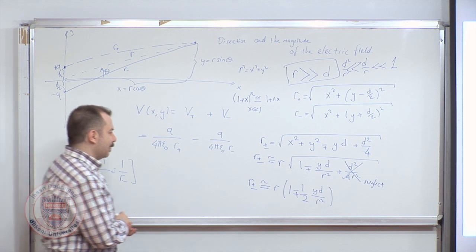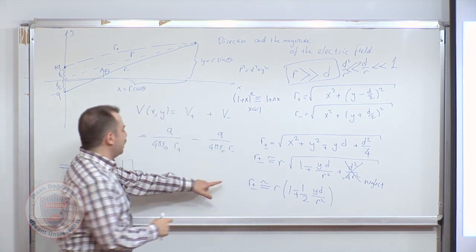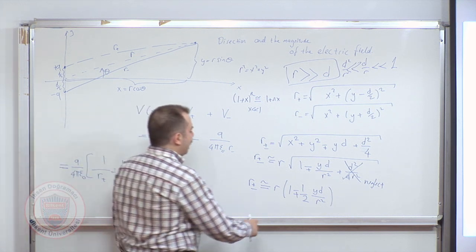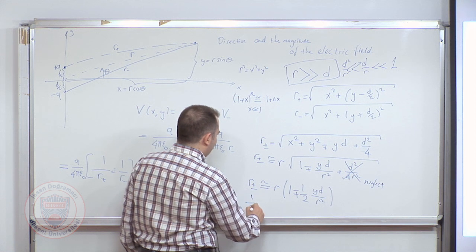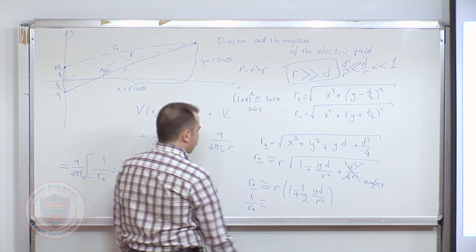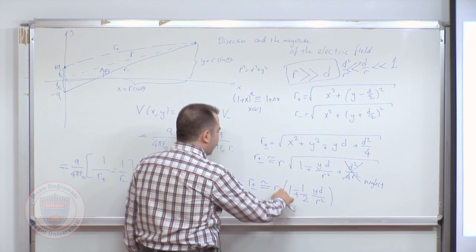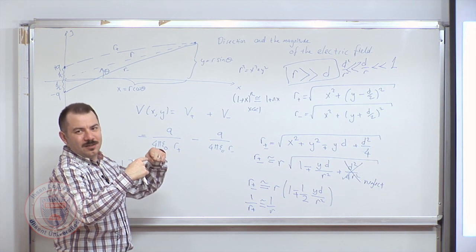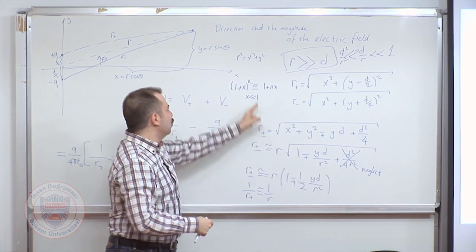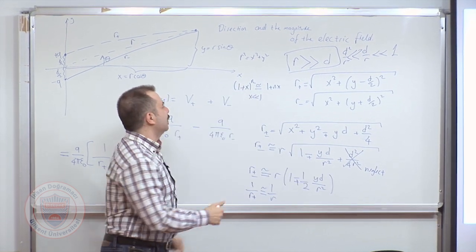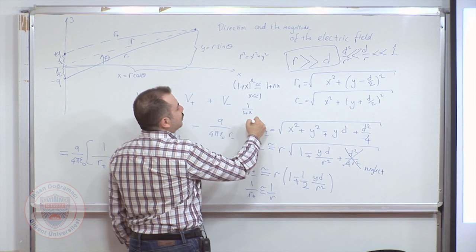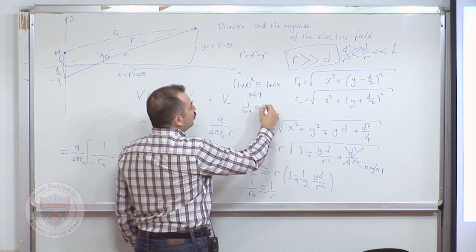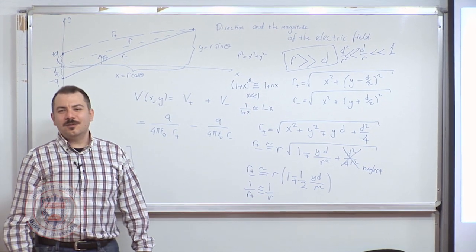Furthermore, I'll do the following. I don't need r plus and r minus. I need 1 over r plus or 1 over r minus. Then 1 over r plus is approximately 1 over r times this whole thing to the minus 1 power. But I already used the approximation once, 1 plus x to the n. So what is 1 over 1 plus x? It's 1 plus x to the minus 1 power. So this should be almost equal to 1 minus x.